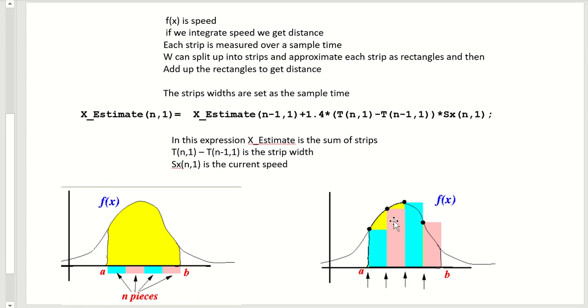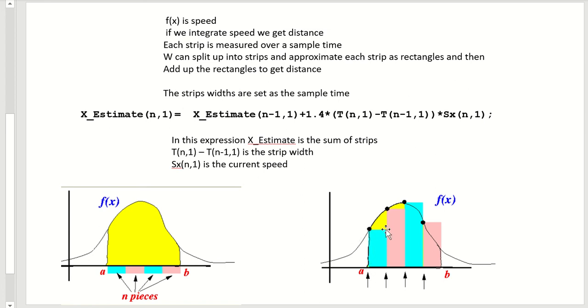Now, because it's a digital computer, the values are measured every so often, every time step. So to work out this area here, we could strip it off into little strips. So we know that length there, we know that value.